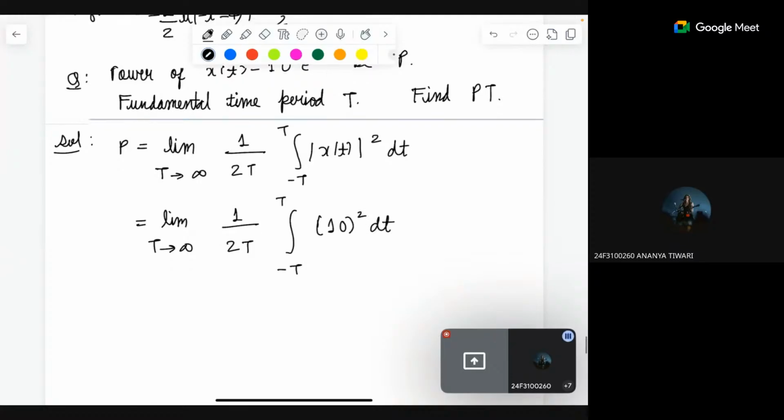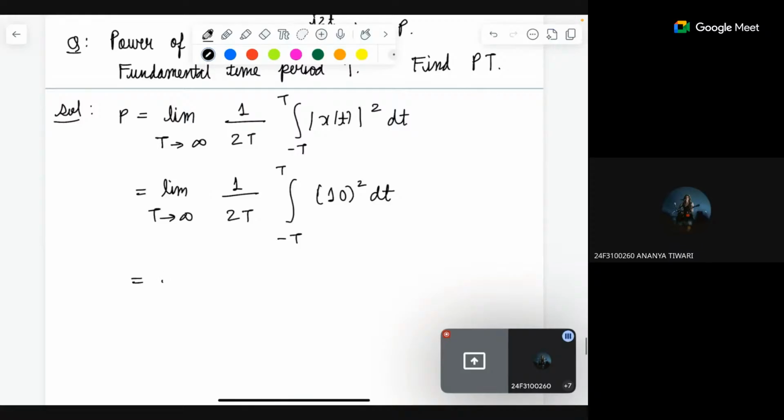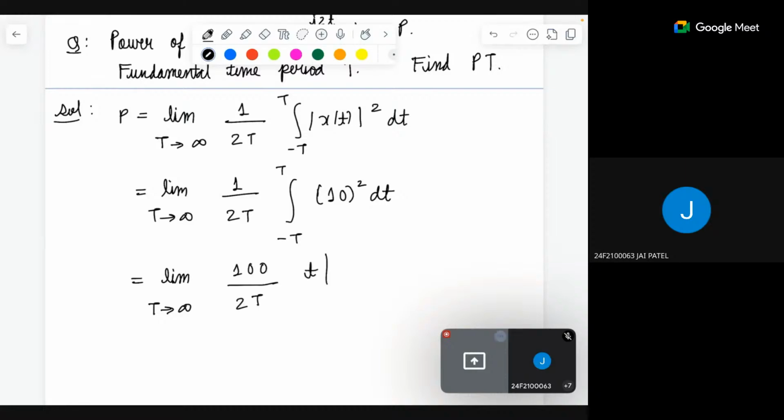Ma'am, power is 100. Yes, and time period is pi, so the answer will be 100 pi. I'll just very quickly solve it. If you want me to repeat any step, please let me know.